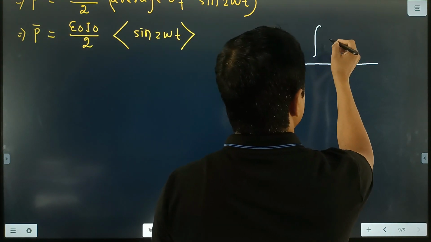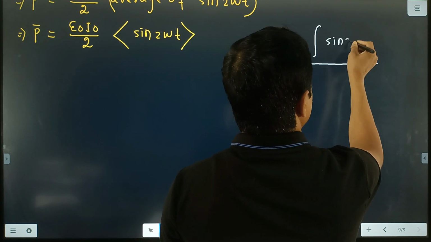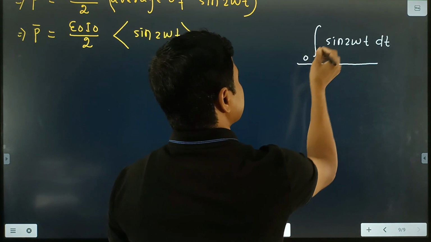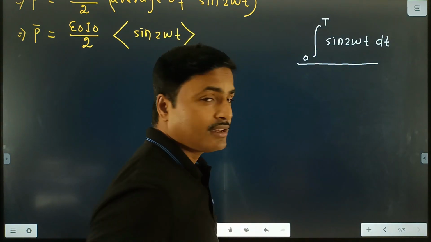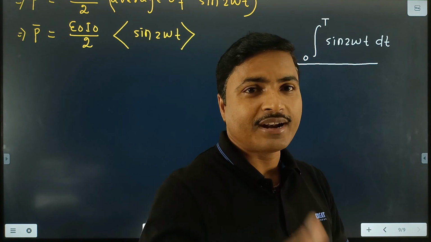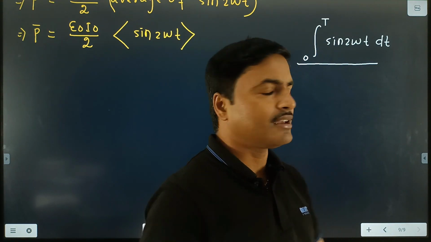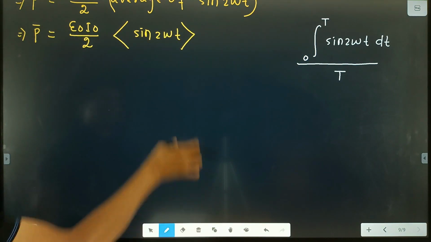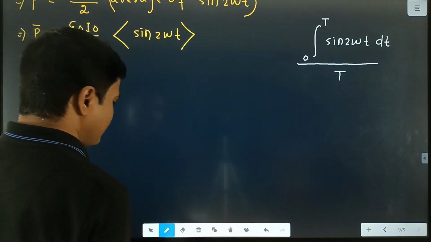So we write the integral of sin 2 omega t dt for a full cycle. Full cycle means 0 to T, divided by the total time for a full cycle, that is T. This is the average value of sin 2 omega t. So in place of this we write this one. Clear?